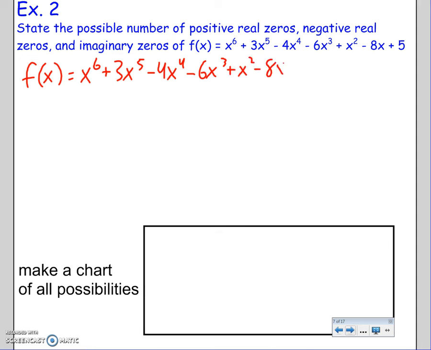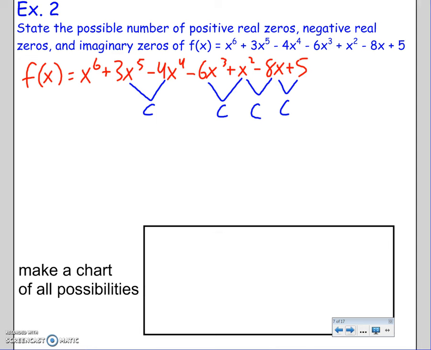This is long. To find out the number of real roots, just figure out how many times the sign changes. So it starts positive, positive, negative. So right here, it changed. I'll put a C for change. Then it's negative, negative, positive. Right here, it changed from negative to positive. It's a change. And then it goes from positive to negative, there's a change. And then from negative to positive, there's another change. There are 4 changes.